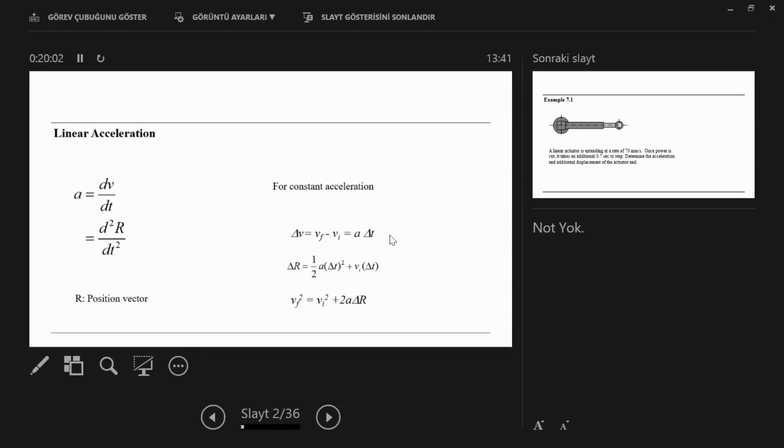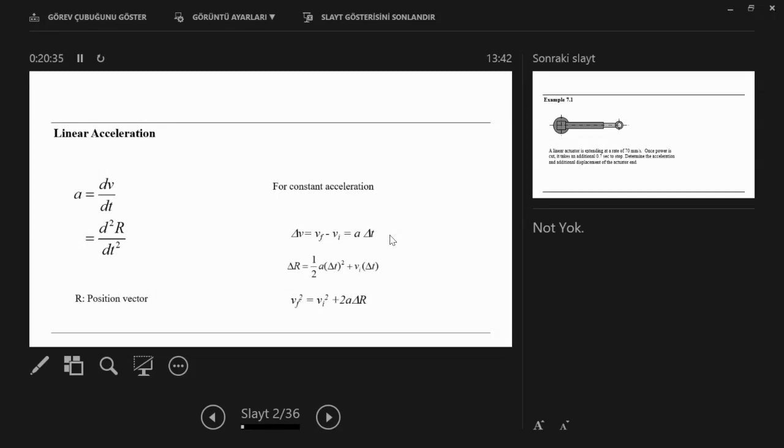We can also calculate the displacement: S equals S initial plus V initial times T plus 1 over 2 A T squared.